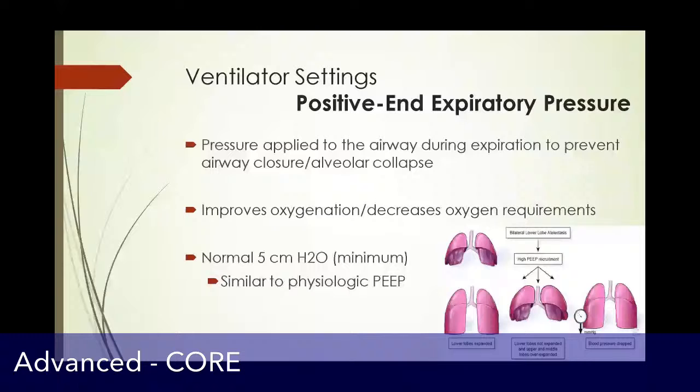You're going to need less oxygen to oxygenate them. So a normal physiologic PEEP would be about 5 centimeters of water. So typically you would start at about 5 centimeters of water and dial up from there. If you have someone with interstitial lung disease, something like pulmonary fibrosis, you may want to increase the PEEP, keep the lungs open.